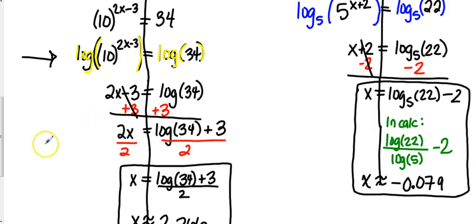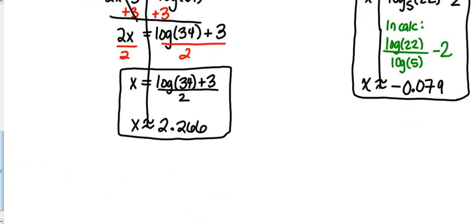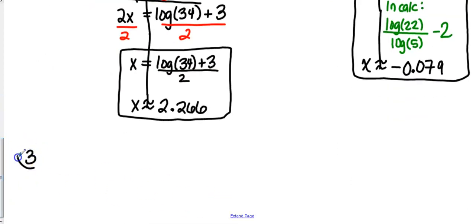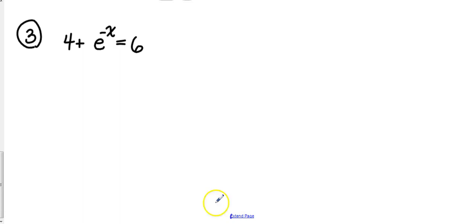Moving on to number 3. Four plus e to the negative x equals 6. Once again, our first step is to always isolate the power term.